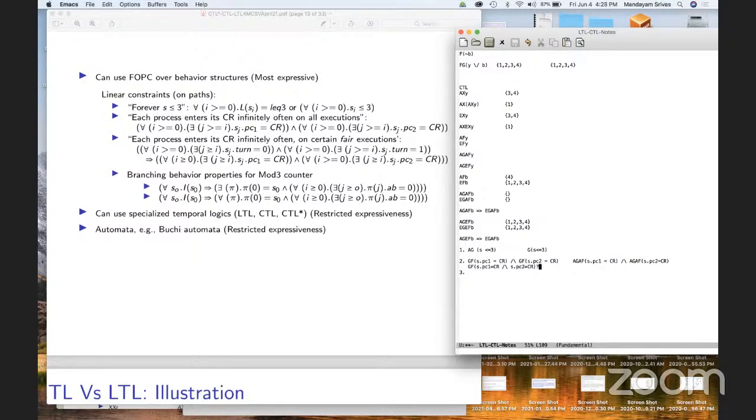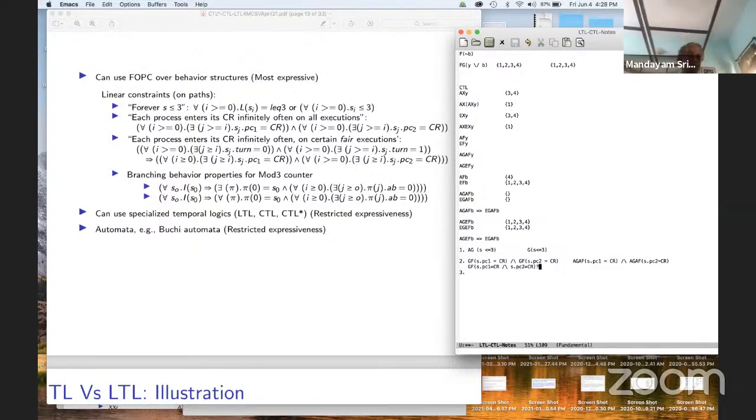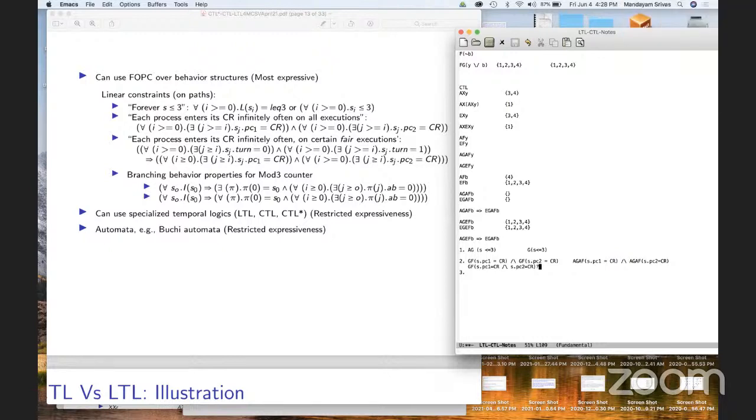Yes, I guess. So you think yes? Does anybody else disagree with him? I don't think so. This is saying that eventually both processes will be in the critical section at the same point.